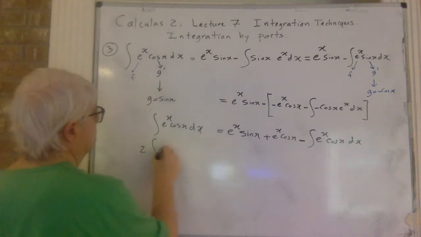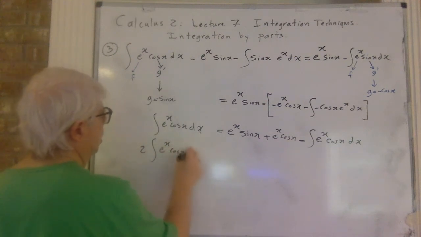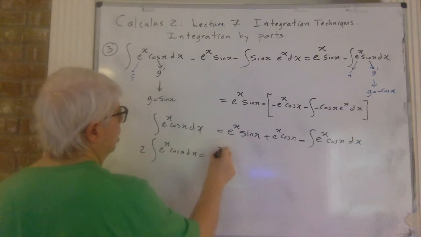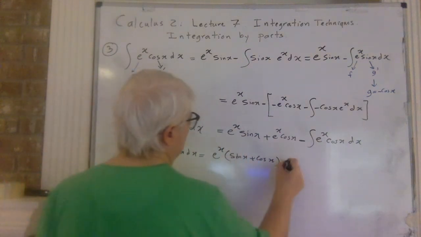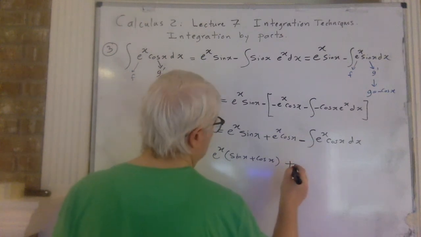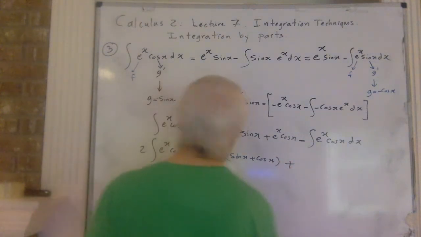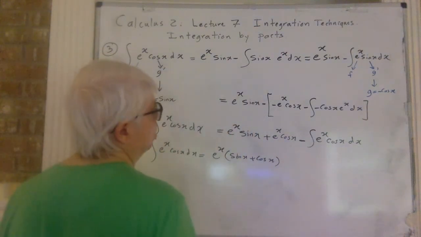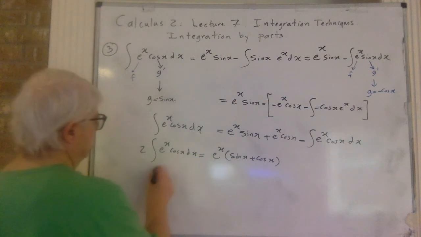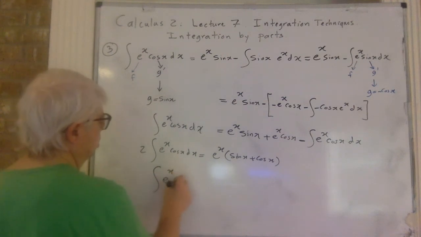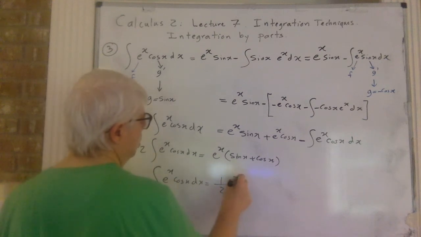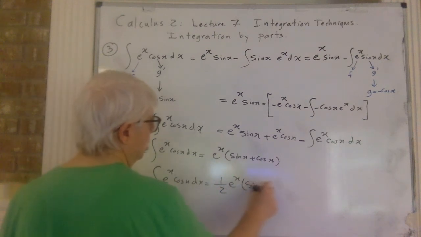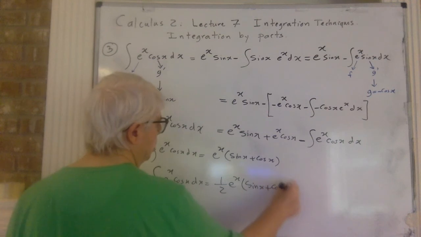2 times the integral. Well, I should have written some constant somewhere. So the integral of e to the power x sine x dx will be 1/2 e to the power x times (sine x minus cosine x).